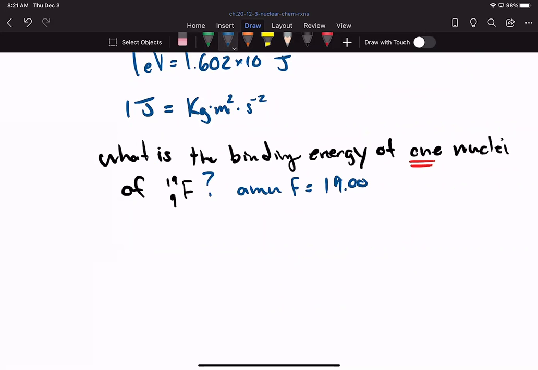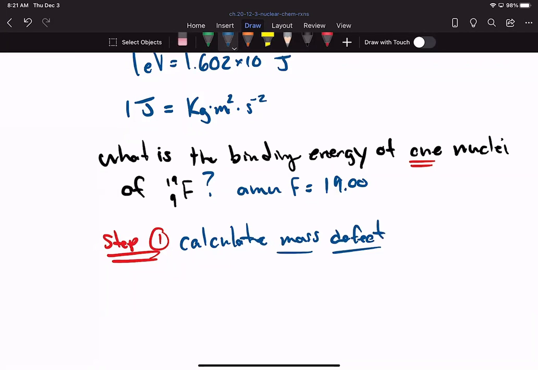So in order to calculate binding energy, there is a very first step here, right? We actually have to calculate something that we call mass defect.